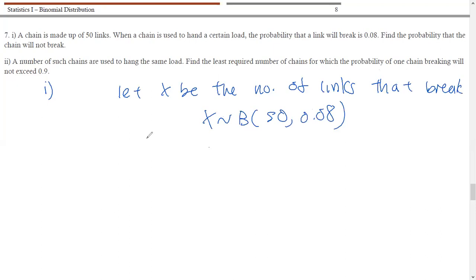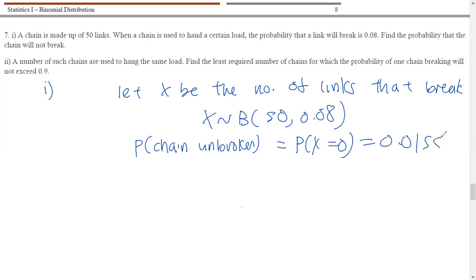So if I want the chain unbroken, that is equivalent to saying P(x = 0). So this will give us 0.0155. Again, this is an indirect asking of the question.